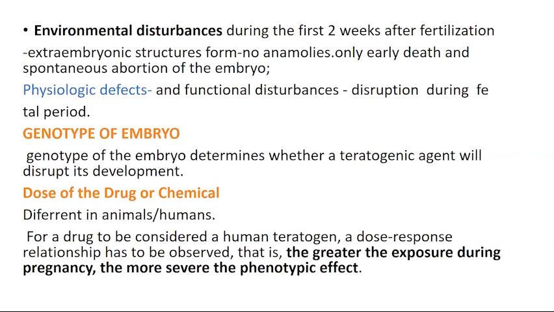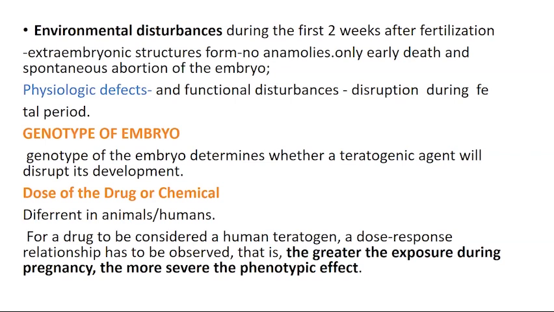That is, the greater the exposure, even with a small dose, it can be a teratogen. A large dose for a longer period, or exposure for a very short period, can have different effects. So it will depend on how much dose is there and how much exposure the body has, and whether it will produce a teratogen.